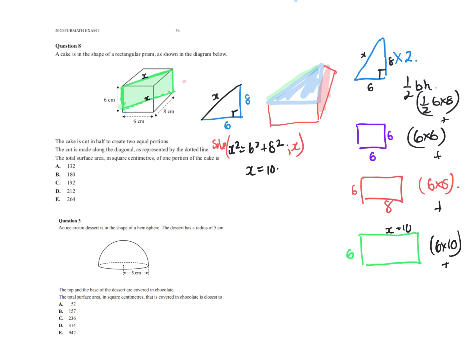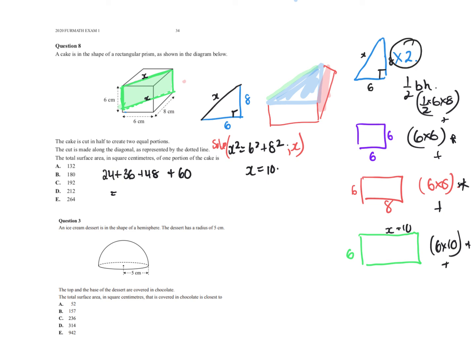So I have this one, a half times 6 times 8. So that's going to be 24, plus this one, which is 36, plus this one, which is 6 times 8, which is 48, plus the 6 by 10, which is 60.